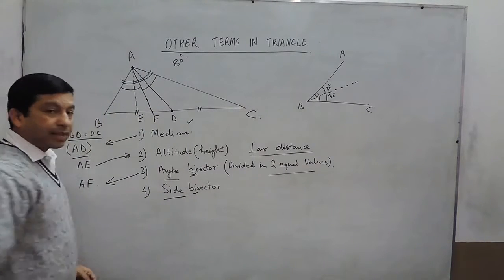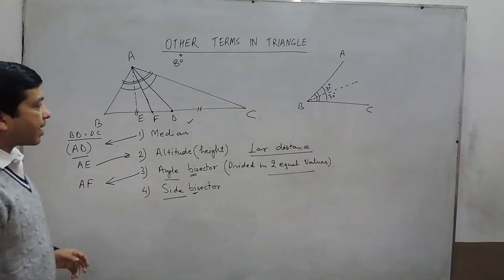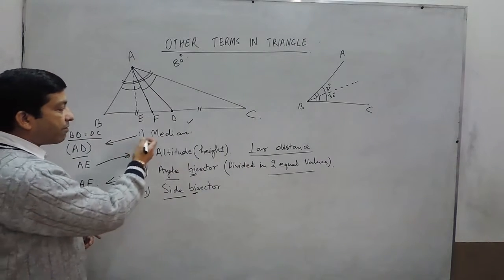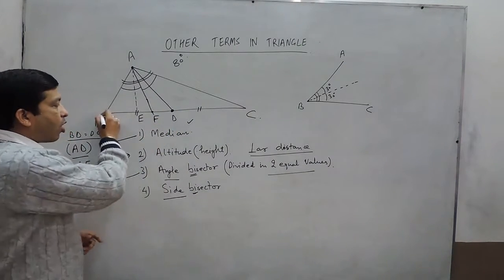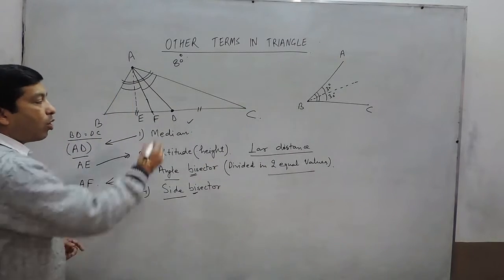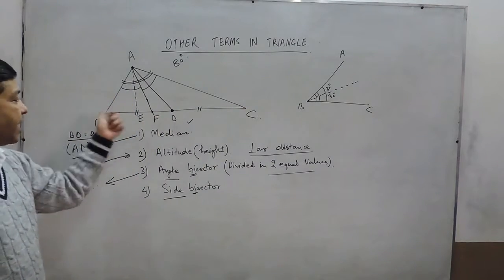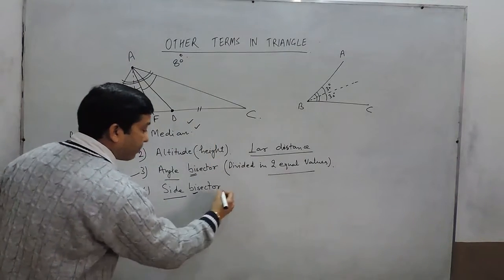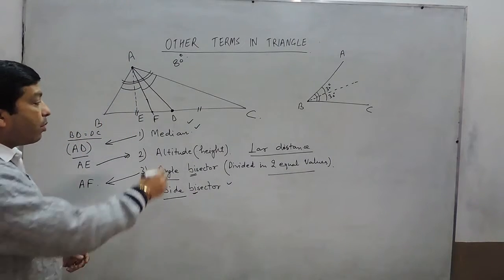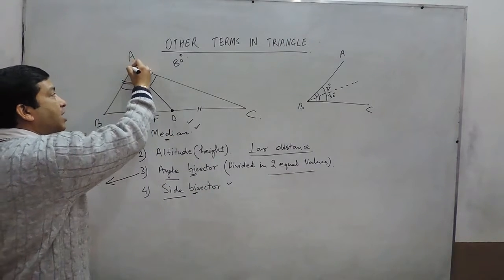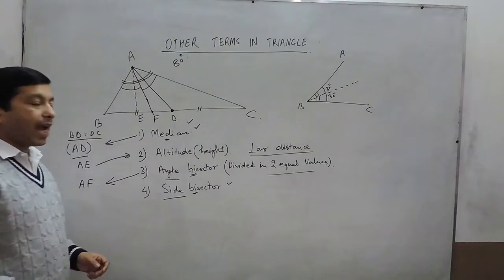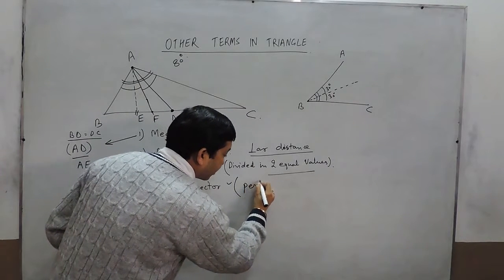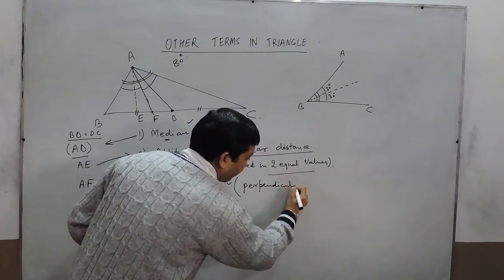Now the last term is side bisector. When I talk about side bisector, that means dividing the side into two equal parts. We already know that D is the midpoint of side BC, so point D is dividing BC into two equal values. So what is the difference between a median and a side bisector? A median is a line which starts from A and touches the midpoint of BC, whereas a side bisector is also known as a perpendicular bisector.